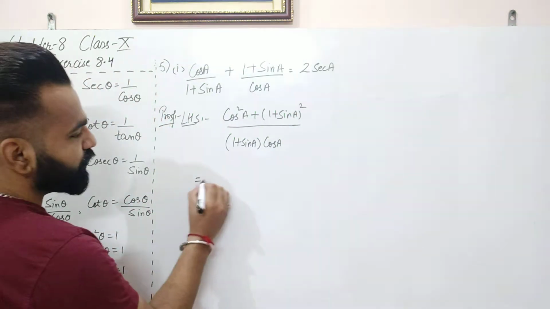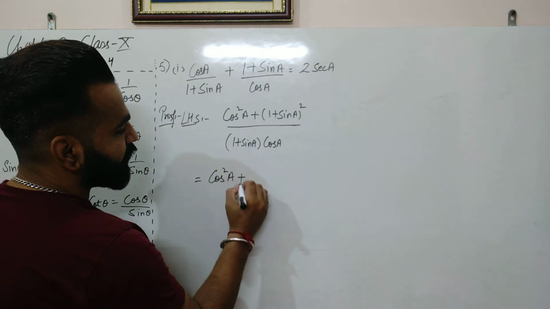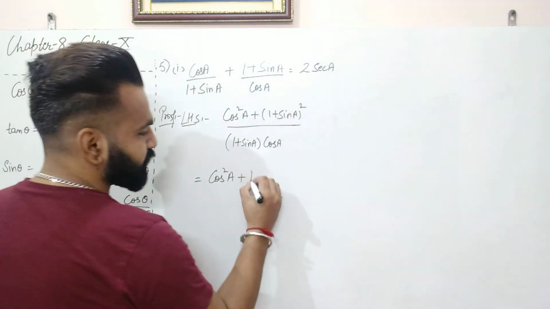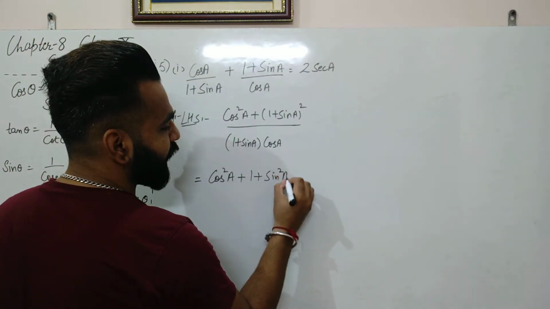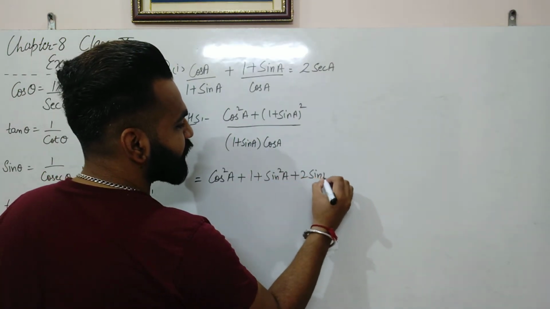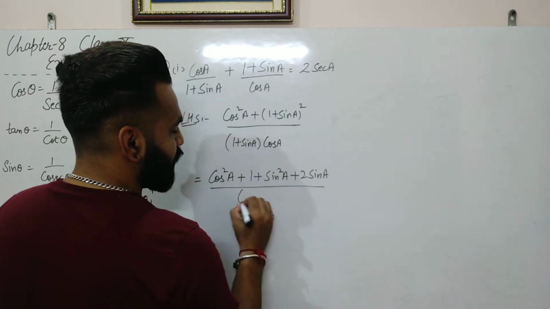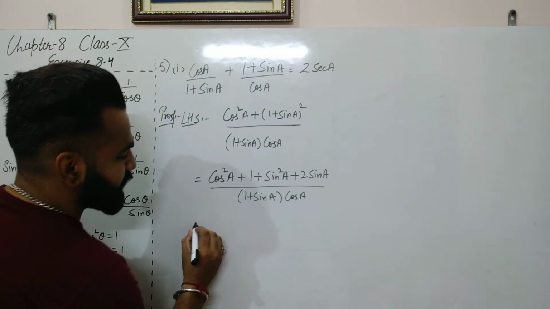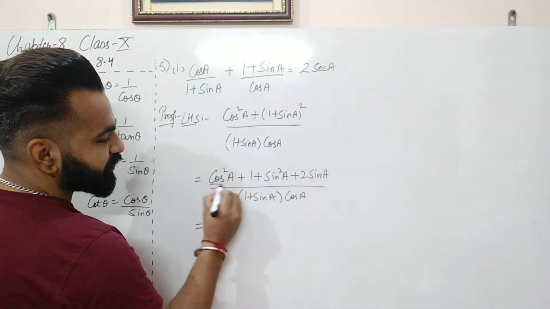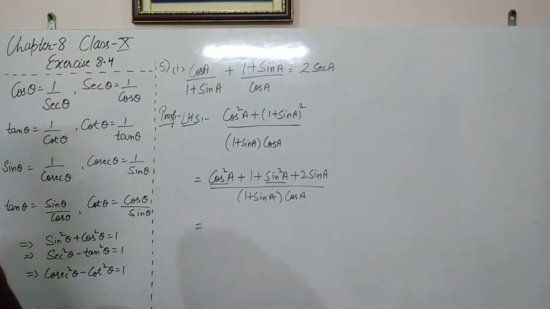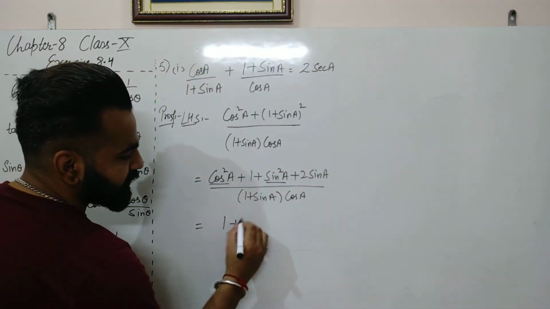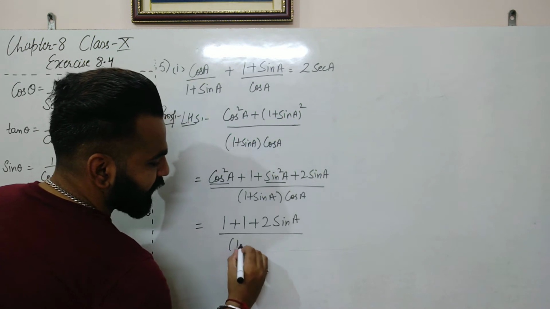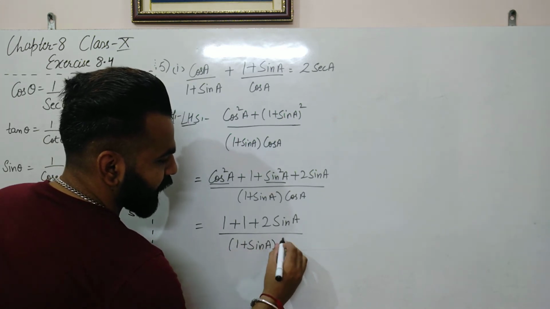Using the identity, open the whole square: this will be cos square a plus 1 plus sine square a plus 2 sin a upon (1 plus sin a) into cos a. We know that cos square a plus sine square a is equal to 1, so this will be 1 plus 1 plus 2 sin a divided by (1 plus sin a) into cos a.